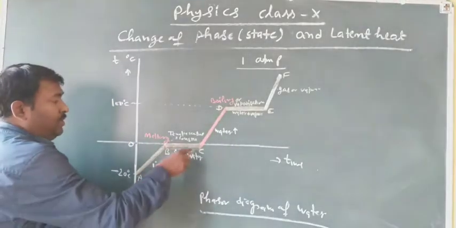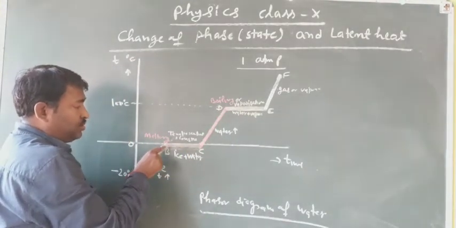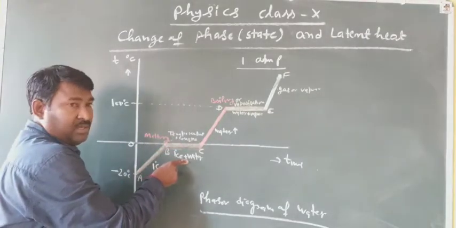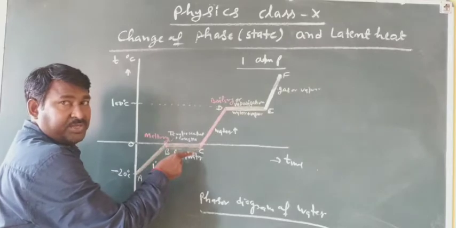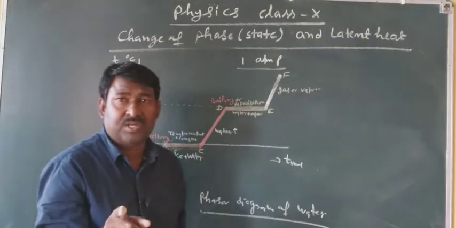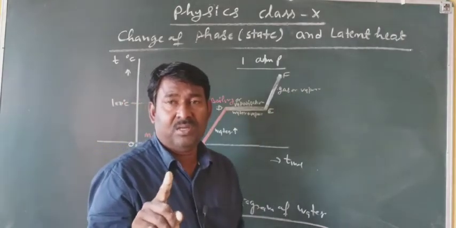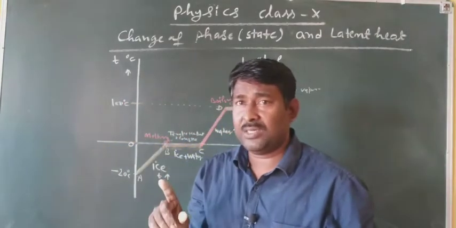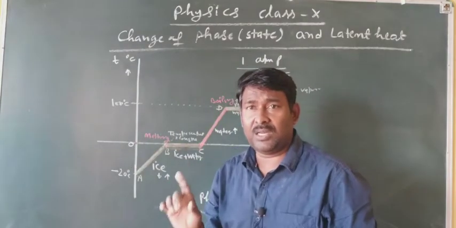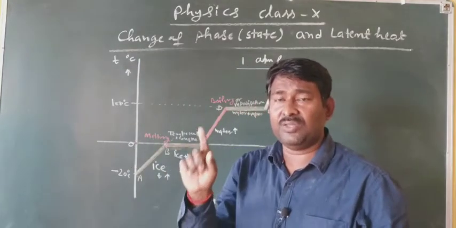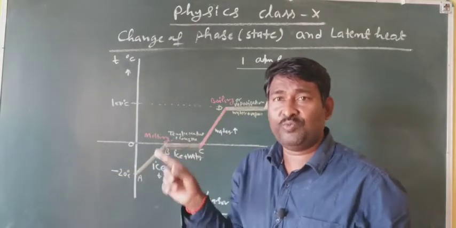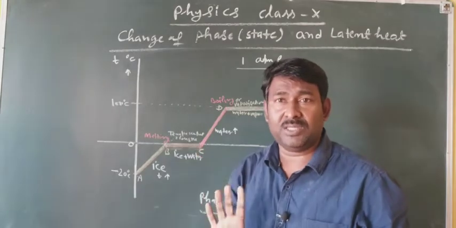Once the total solid, the ice, melts into water at the same temperature, meaning ice starts melting at 0 degree centigrade and forms water at 0 degree centigrade, unless and until the total ice converts into water, the temperature of the water will not start increasing.